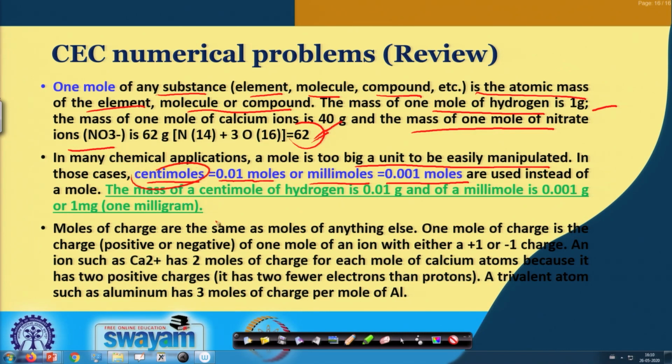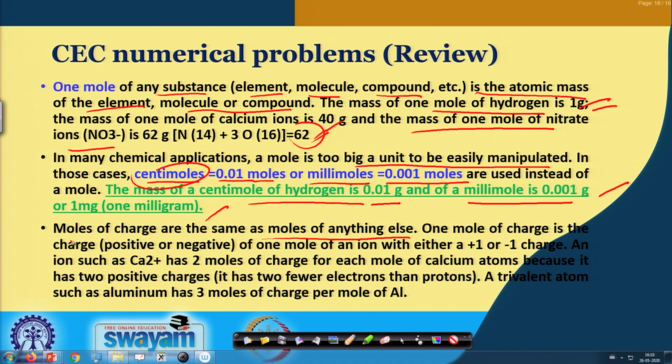So, the mass of a centimole of hydrogen is 0.01 gram, because we know that 1 mole is 1 gram. So, 1 centimole of hydrogen will weigh around 0.01 gram, and 1 millimole is 0.001 gram or 1 milligram.